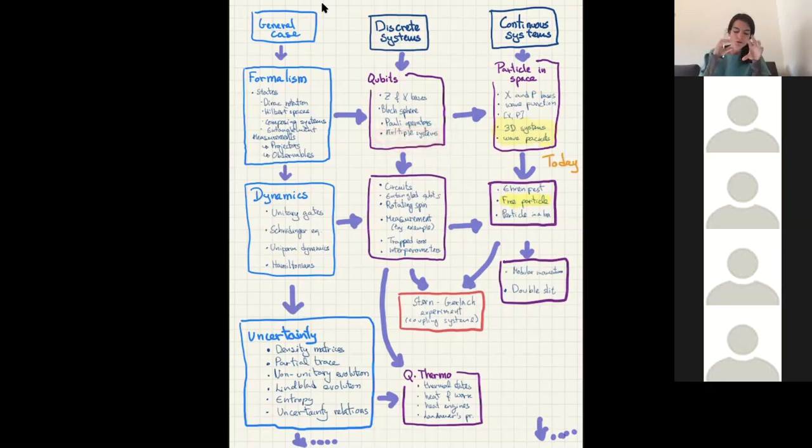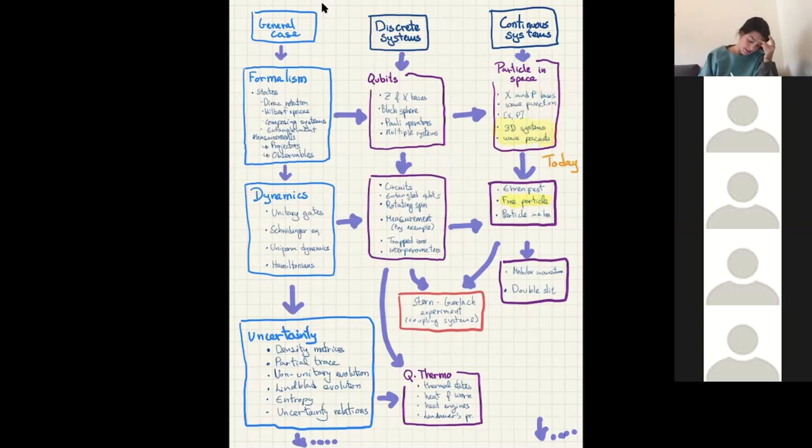We saw how to entangle qubits, etc. And in the case of the particle in space, what we've been doing the last week was look at expressing in the X and P basis, looking at the wave function for position and momentum. And then we started looking at the commutators. And today, as I said, we'll talk about 3D systems and also examples of such states.